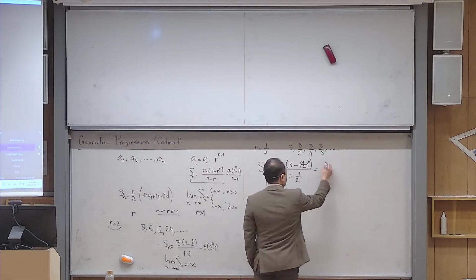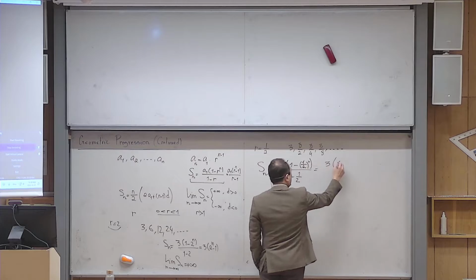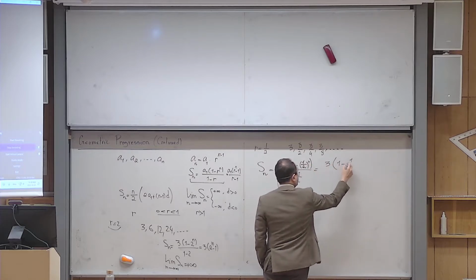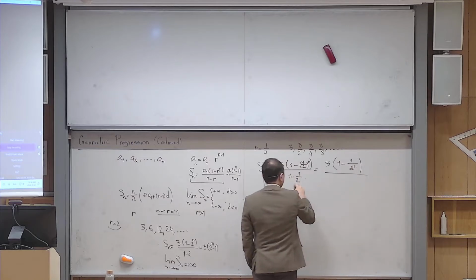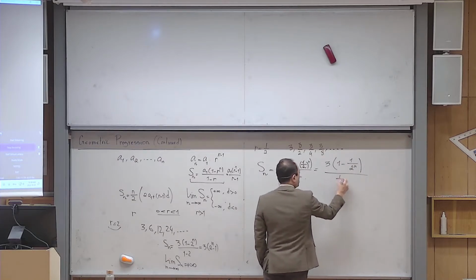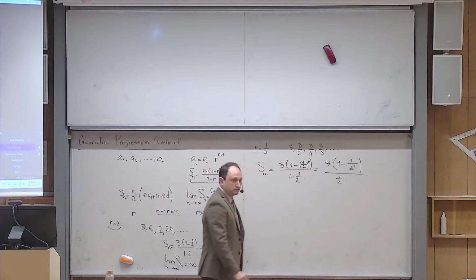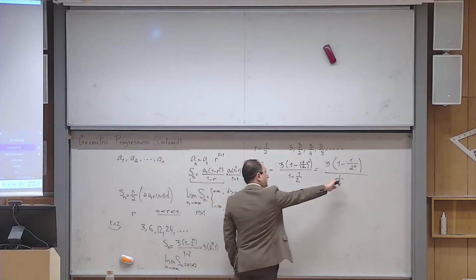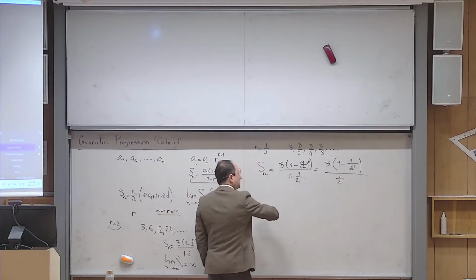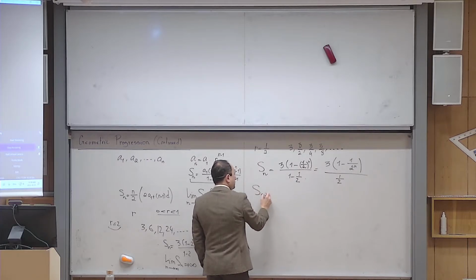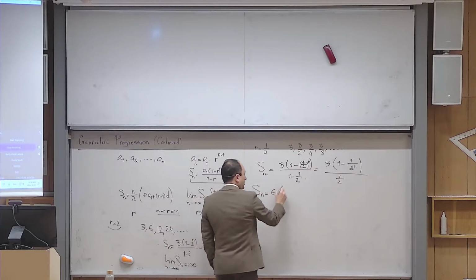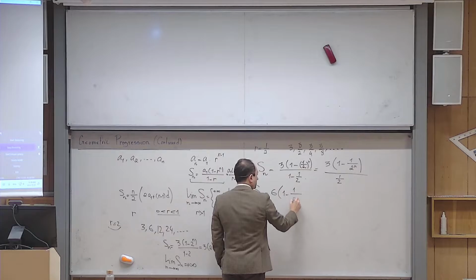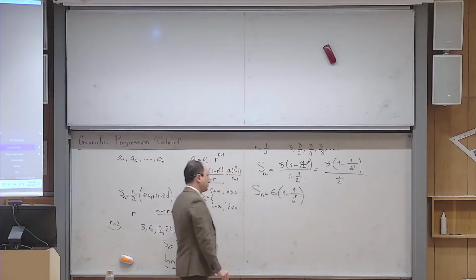So this becomes 3, times 1 minus 1 to the power n over 2 to the n, and in the denominator, 1 minus 1/2 is just 1/2. Then this 1/2 in the denominator goes in the numerator, so Sn is finally 6 times 1 minus 1 over 2 to the n.